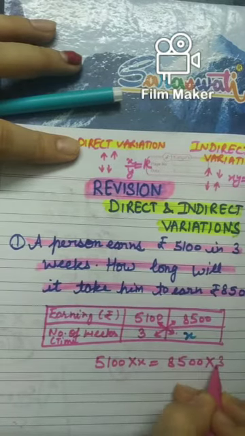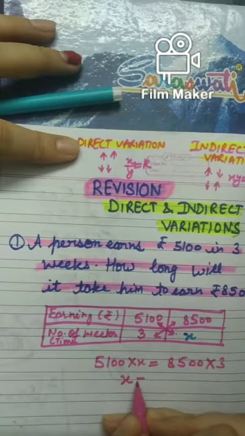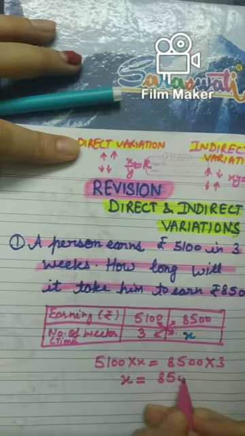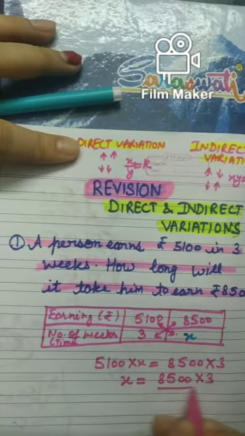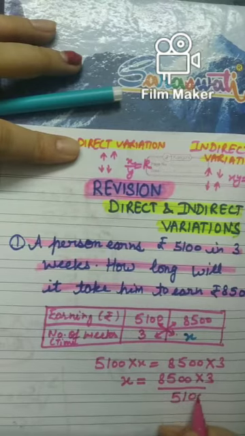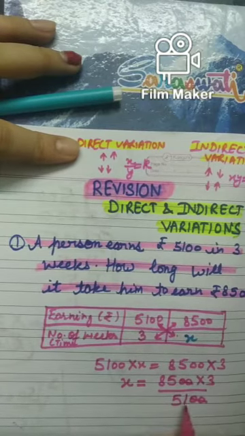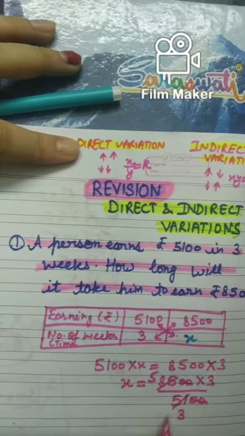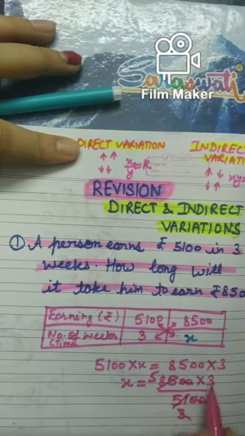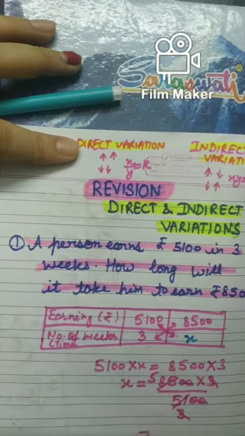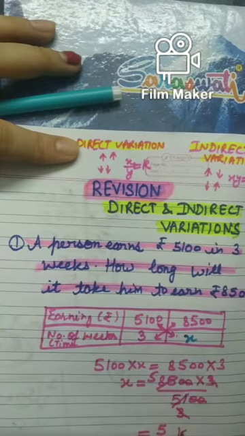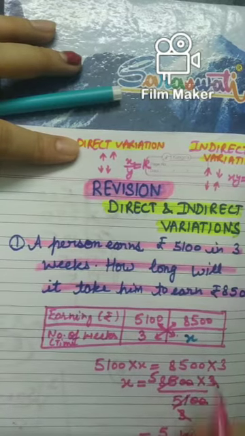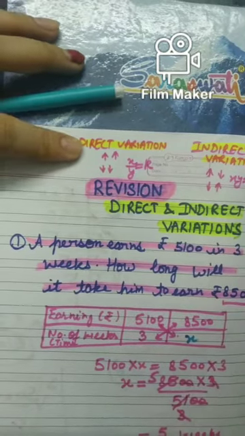I want to find the value of x. x will be left on the left side. This 5,100 will go on the right hand side, it will come in the denominator. Right beta? These two zeros cancelled. See, 17 3s are 51, 17 5s are 85. Now this 3 is cancelled with 3. So the answer is 5. Means in 5 weeks, this person will earn rupees 8,500.